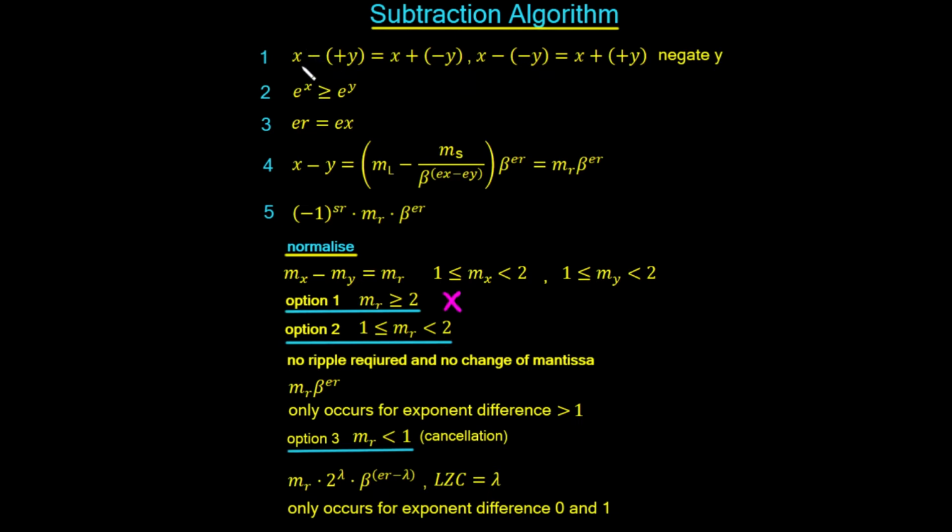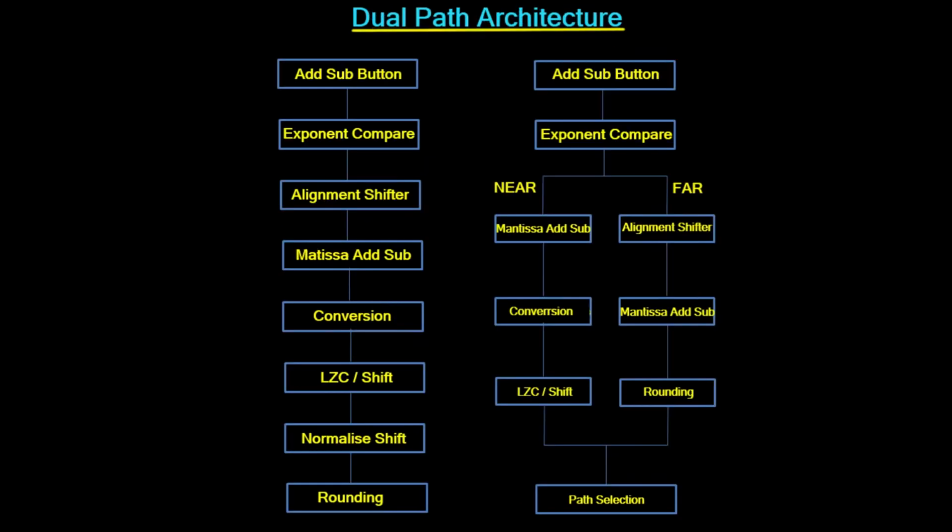So if that button was pressed, then we know that we're going to have to invert the y to become minus y. Again, if the button is pressed and it's a minus y, the minus y will become a plus y. So that's just the negation of the y. Now that happens whether we're doing the addition or the subtraction. So that's going to be our first box. Our first box here is the add and subtract button, and if it's pressed, then we're going to do the negation of the y value.